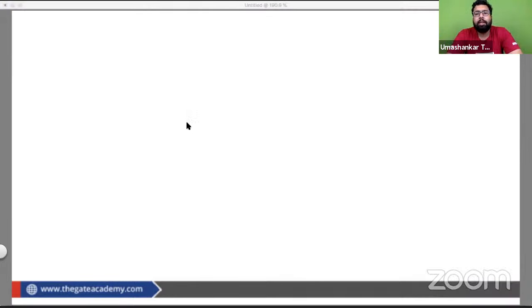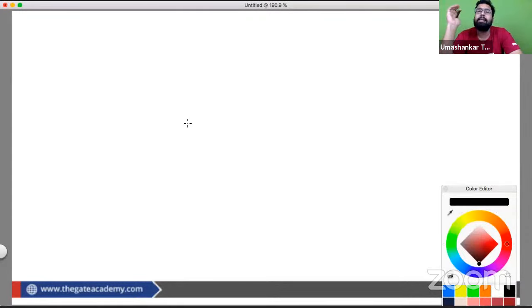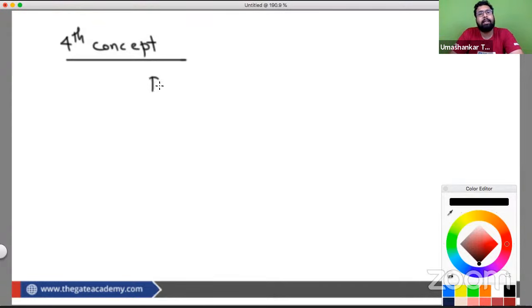Now, concept 4 for the day, in the section of dynamics, as this session name says, kinematics and dynamics. The fourth concept, and perhaps the most important, is our great Bernoulli's equation.